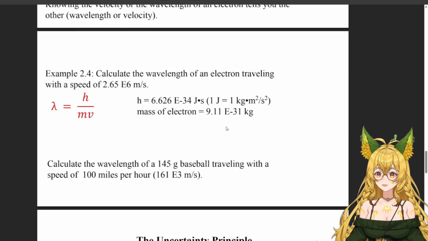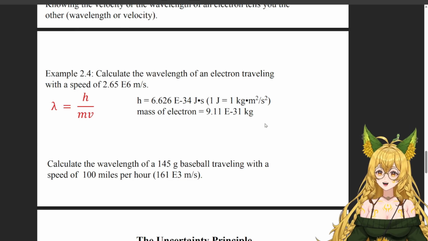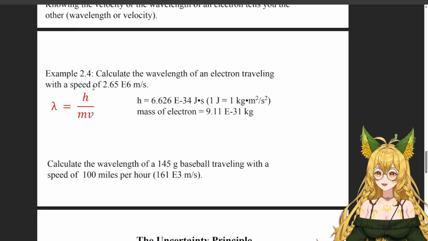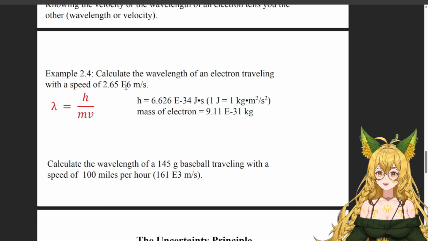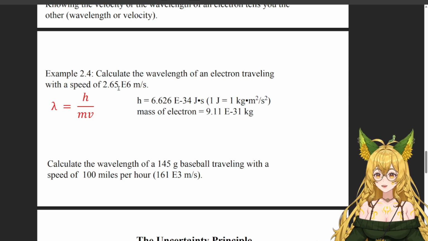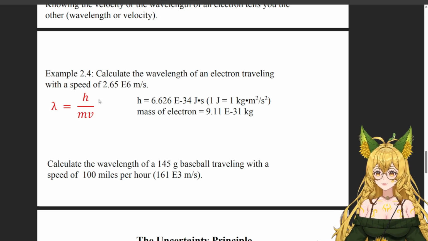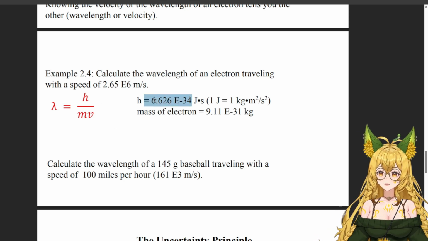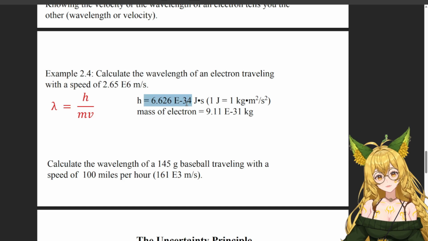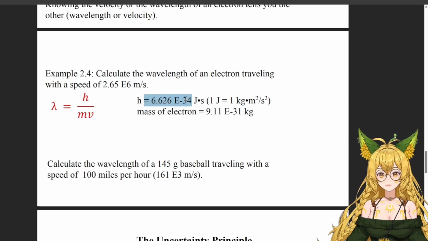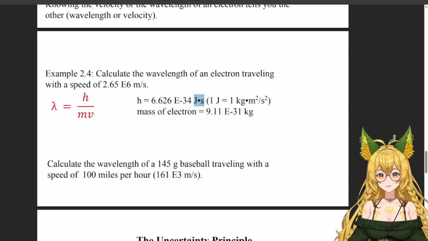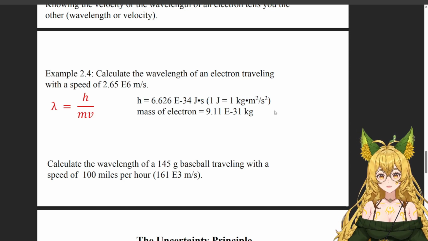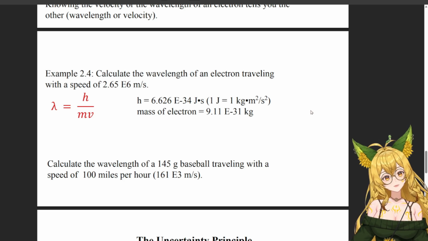So this is an example problem that you guys should do. Calculate the wavelength of an electron traveling with a speed of 2.65 E6 meters per second. Remember, E6 is 10 to the 6. So using our equation here and Planck's constant, oops, I was wrong. It's 6.626 times 10 to the negative 34, E negative 34 joules per second. 1 joule is 1 kilogram times meters squared divided by second squared.